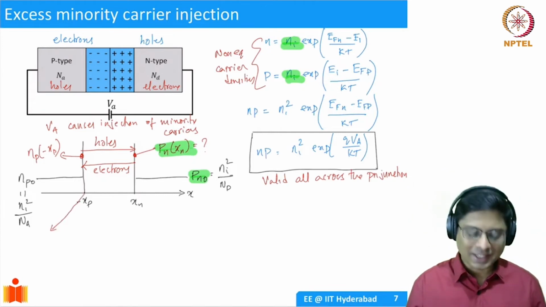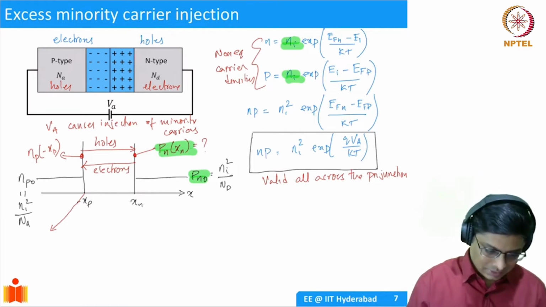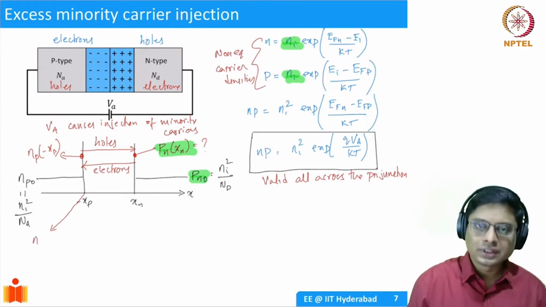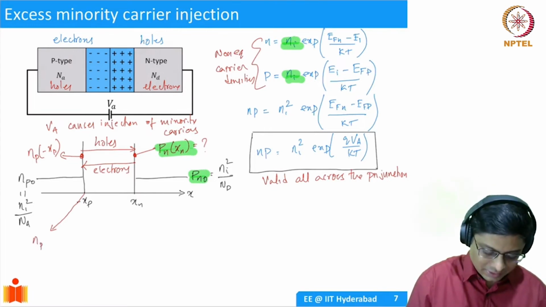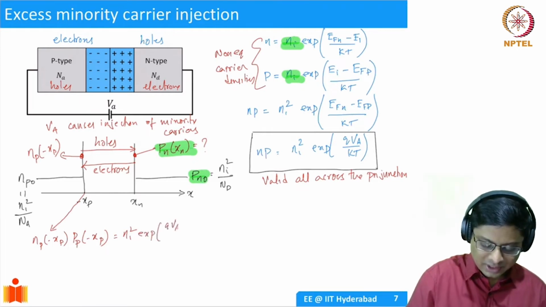So what is n? Electrons in the P-type semiconductor at minus xp times the holes in the P-type semiconductor at minus xp is equal to ni square exponential of qVA divided by kT.